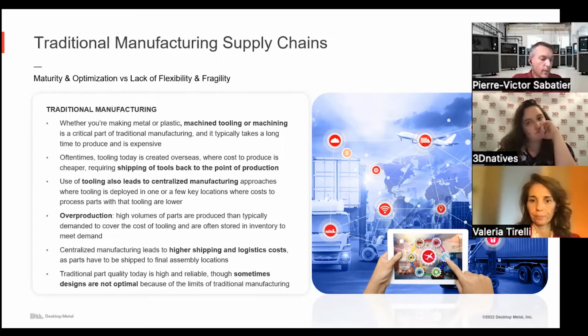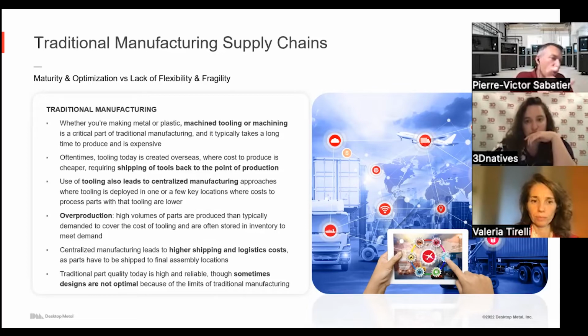And what is interesting to understand is that the way you produce products is directly linked to the supply chain, meaning right now we had centralized production, a lot of logistics, a lot of initial costs, but because everything was smooth, no one really cared about the complexity. But as soon as the circumstances change and you put one difficulty in the supply chain, then you realize the complexity of traditional manufacturing, and then you realize that you have to adapt.